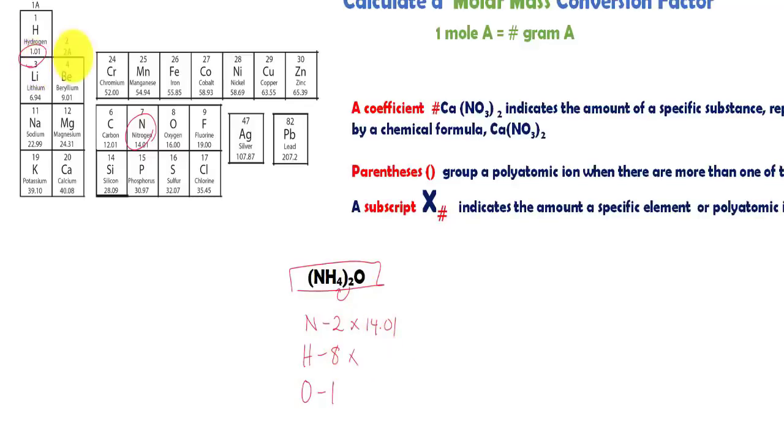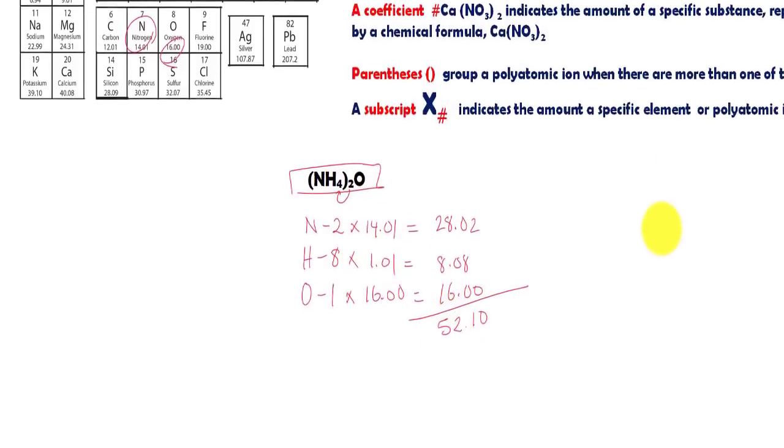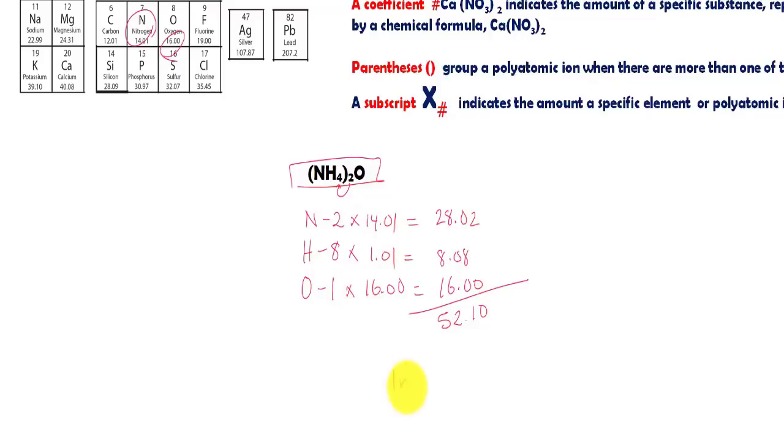For hydrogen it's 1.01. For oxygen again it's 16.0. And we use our calculator to multiply. We have 28.02, we have 8.08, then we have 16.00. And we add them all together. We have 52.10. And to express this as a molar mass, we have 1 mole of this substance equal to 52.10 grams of this substance.